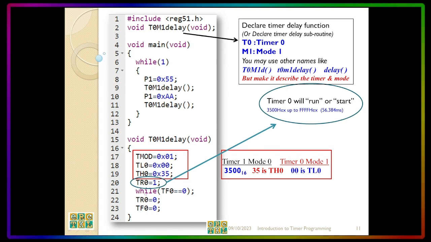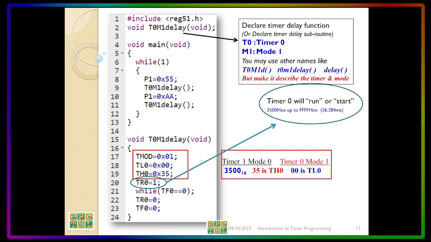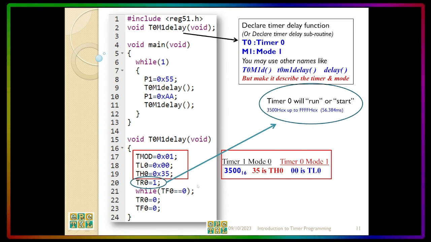And then we have TR0, which will actually run or start the timer to count from the initial value 3500 hexa up to FFFF hexa. And while this is happening, while it is counting up, then our timer flag will remain 0. And because it's still 0, it will just wait. That's the heart of the delay. So while the timer flag equals 0, we will do nothing.